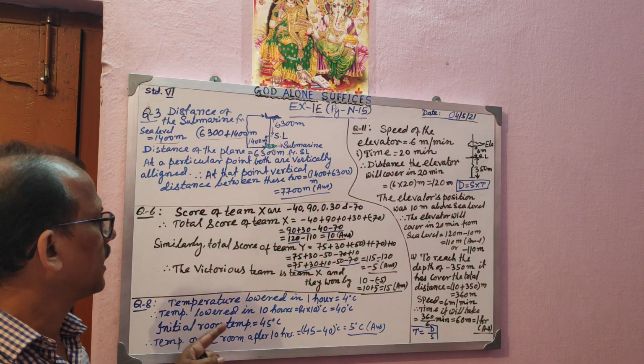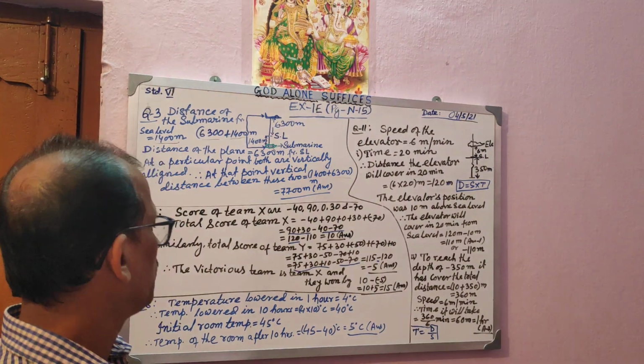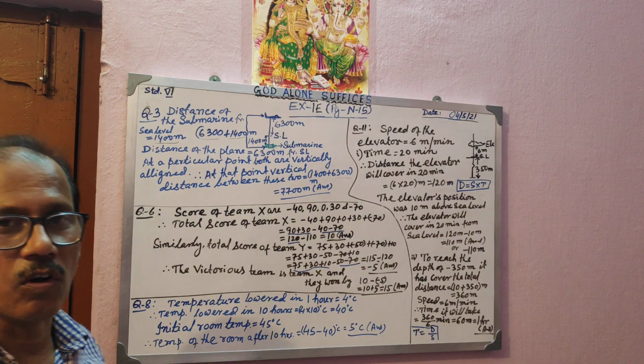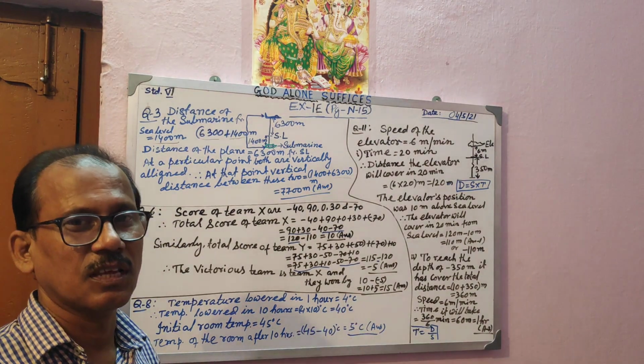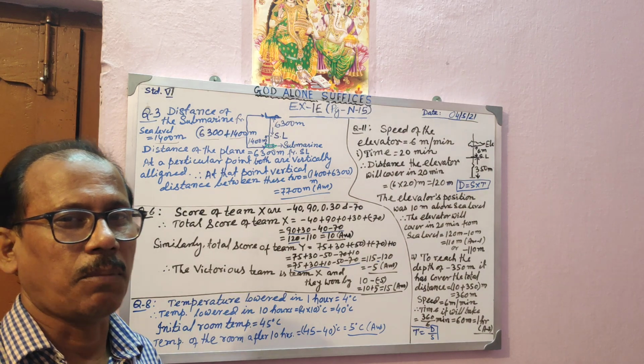Question number 8, again in respect to temperature. See, in 1 hour the temperature falls by 4 degrees Celsius. That means minus 4 degrees Celsius per hour.